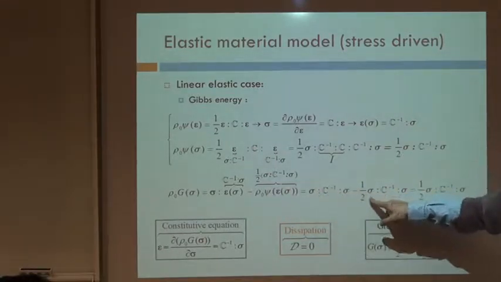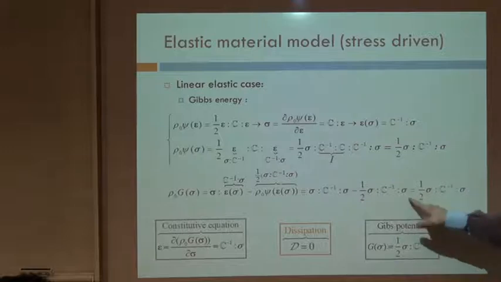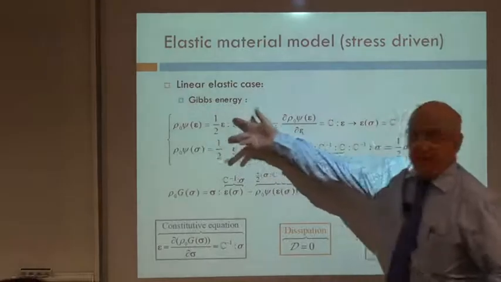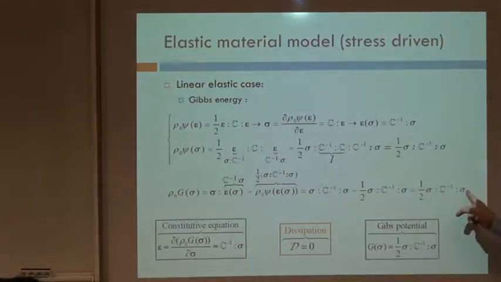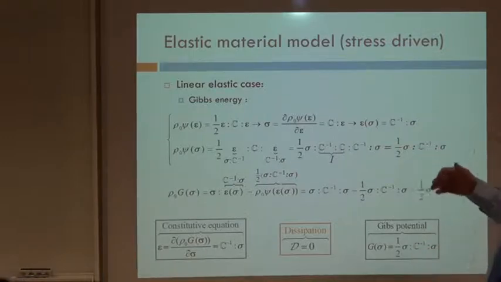So 1 minus 1/2 is 1/2. So finally, the Gibbs potential, which is consistent with the free energy in the material, is that, a quadratic form of the stresses in terms of the inverse of the elastic constitutive model. Okay? So now that I have defined that, let's go back to the stress-driven materials.